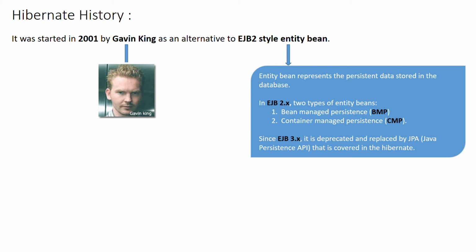The first is bean managed persistence, and the second is container managed persistence. And the last is EJB 3.x, which is deprecated and replaced by Hibernate JPA. We will understand this further.